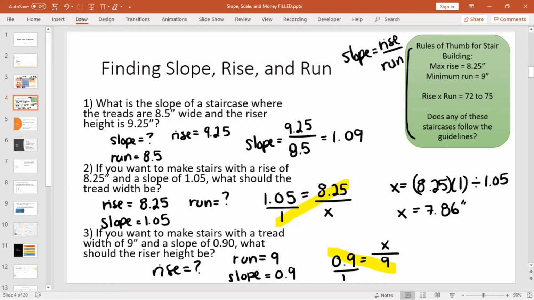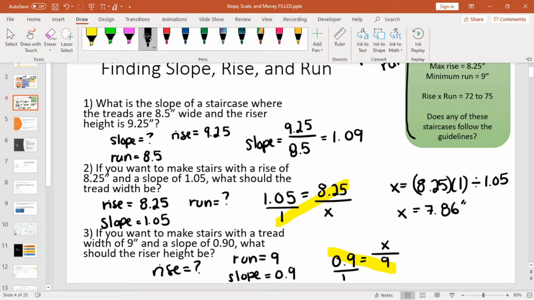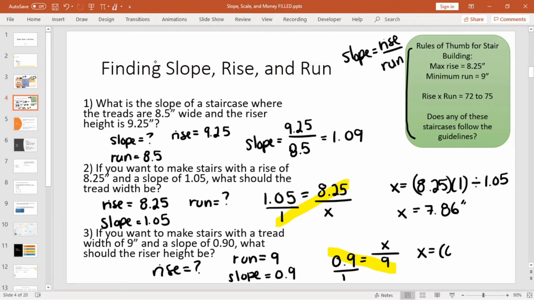So that tells you whether you're multiplying and dividing. So basically, if I want to solve for x, I'm going to take 0.9, I'm going to multiply it by 9, and my leftover number was 1. Doesn't change anything. So I'm going to get a rise of 8.1 inches.